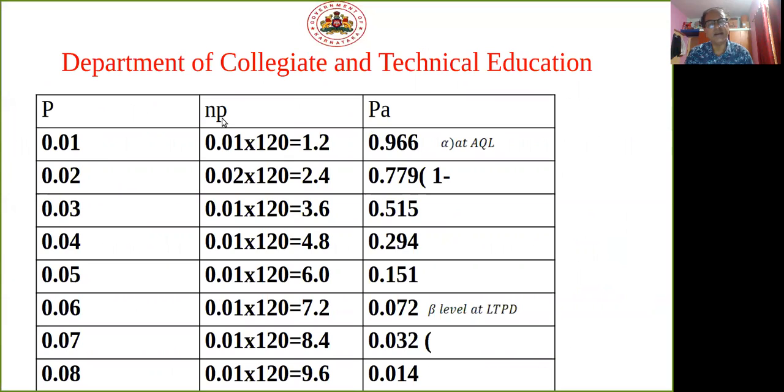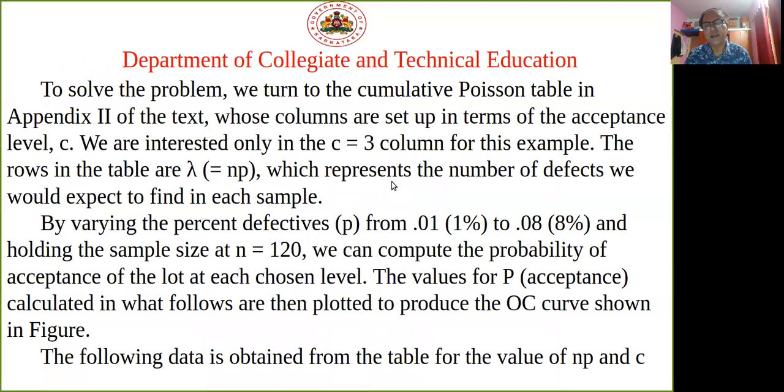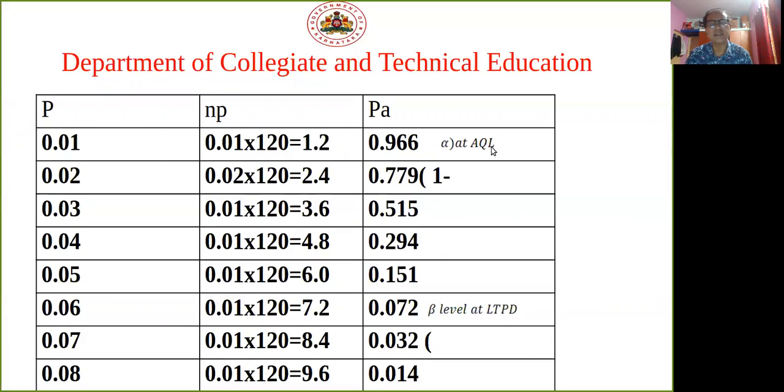NP is the value we can calculate here. We have to take the P values first, because we have to construct the OC curve by taking P values from 0.01 to 0.08. So let us construct the table with the columns showing P, NP and PA.